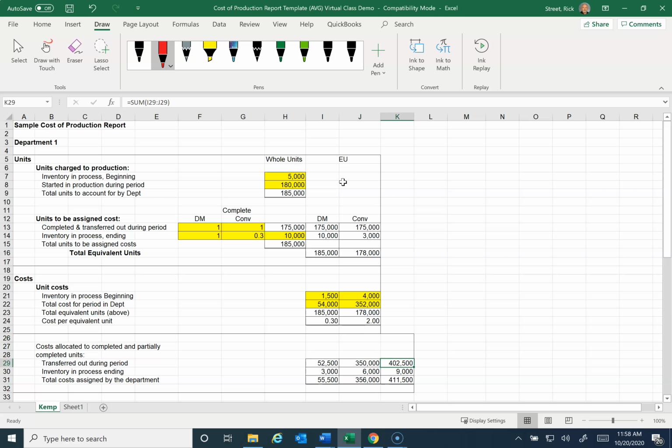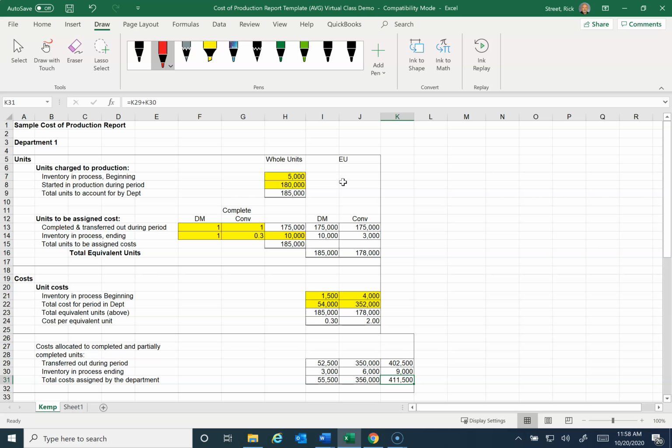And down here we can see $402,500 in costs, not cash, were transferred out, and that would require a journal entry. $9,000 worth of costs are remaining in the ending inventory, and total cost assigned for the department is $411,500, and we reconciled that amount to get this ending report.